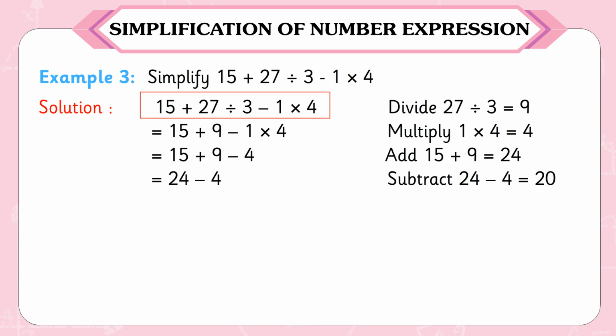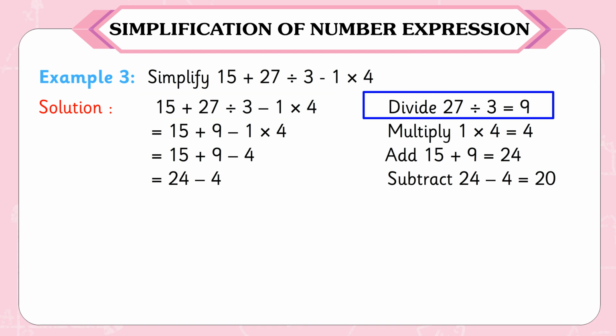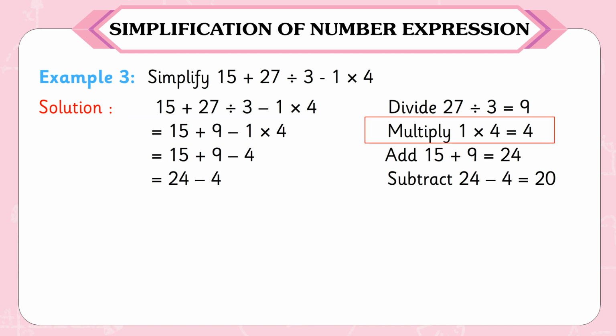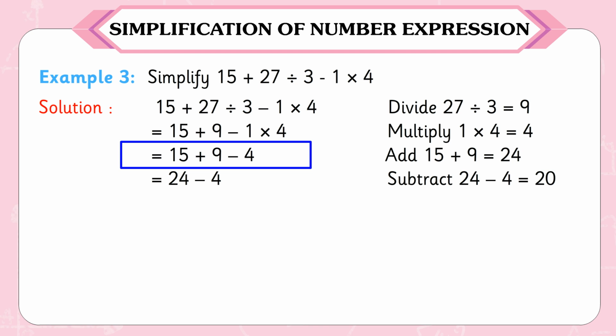Solution. 15 plus 27 divided by 3 minus 1 into 4. Divide: 27 divided by 3 is equal to 9. Is equal to 15 plus 9 minus 1 into 4. Multiply: 1 into 4 is equal to 4. 15 plus 9 minus 4.